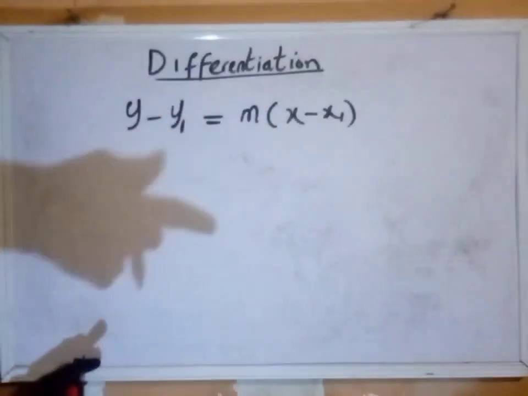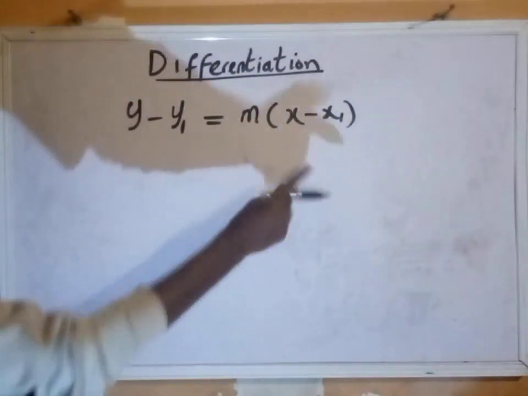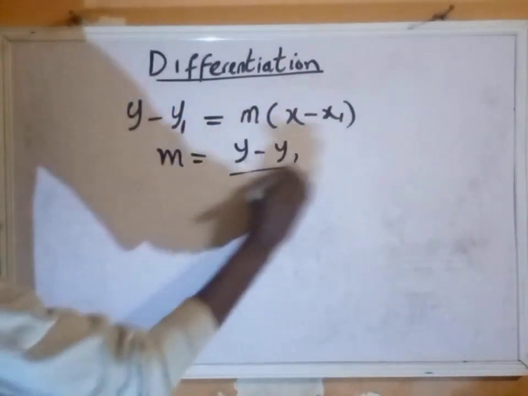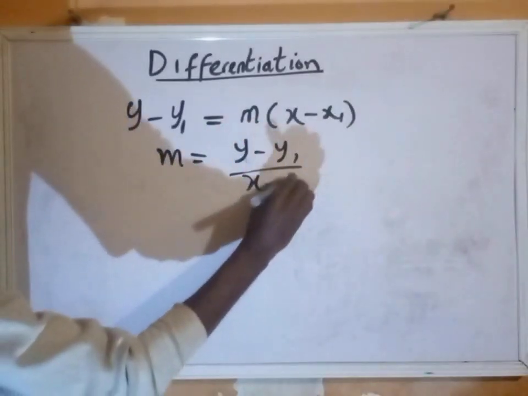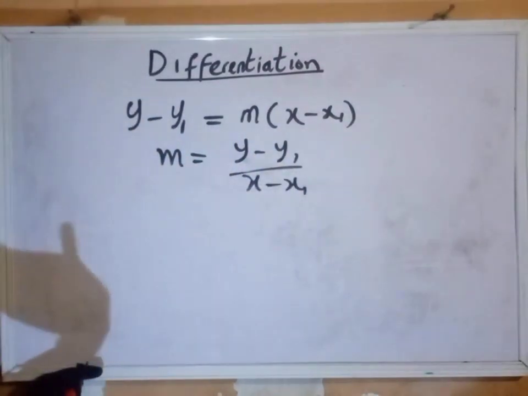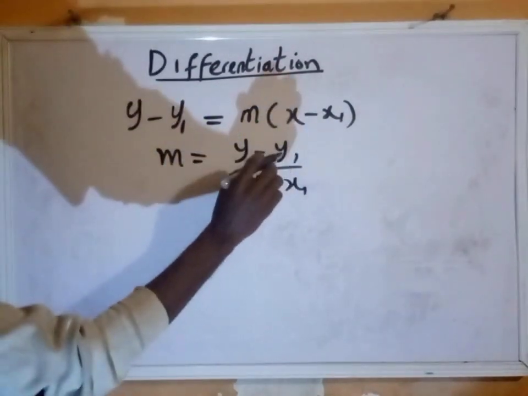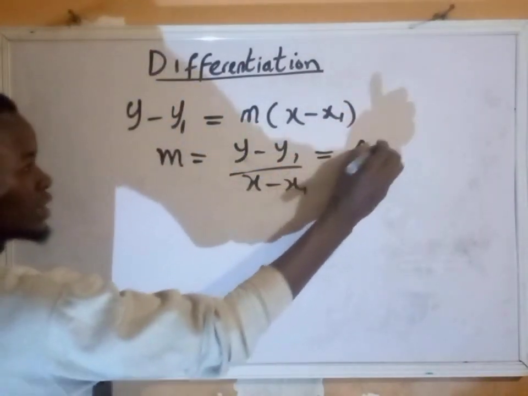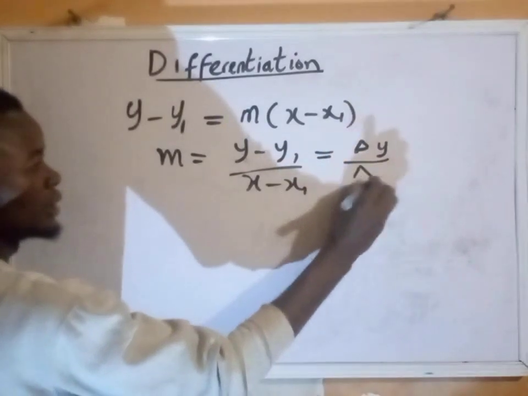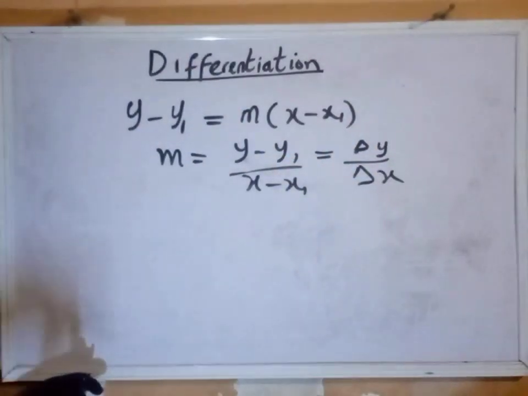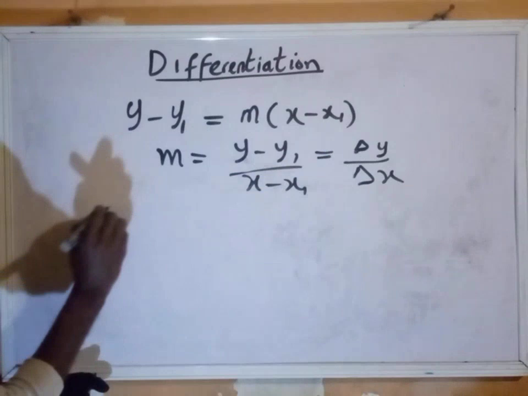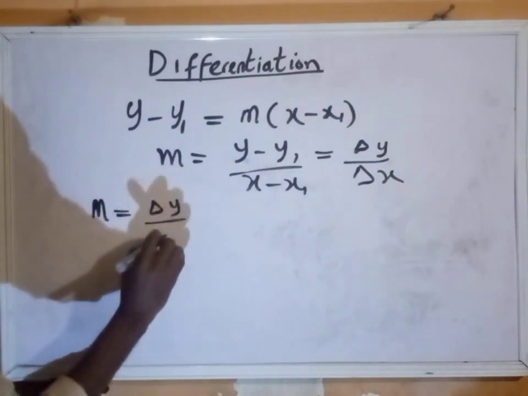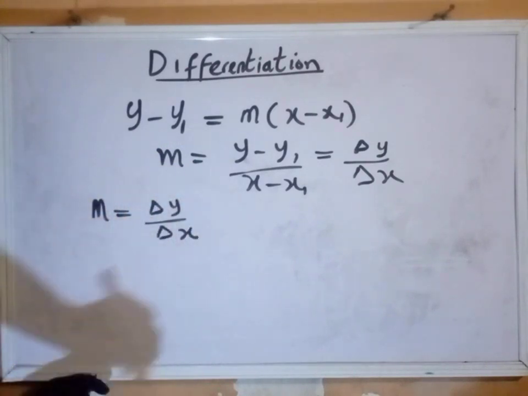And this m is known as the gradient. Dividing through by x minus x1, we have m equals y minus y1 divided by x minus x1. But y minus y1 and x minus x1 are the change in y and change in x. So m equals change in y divided by change in x.